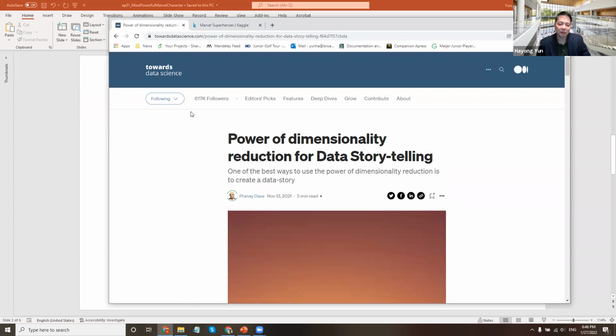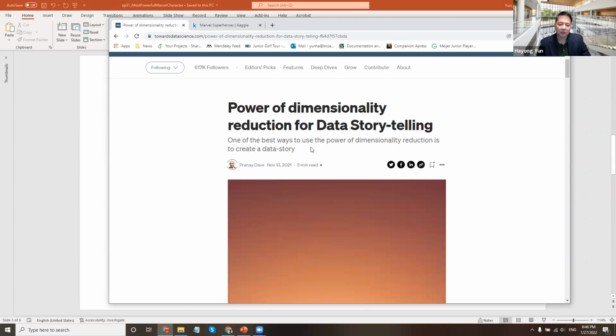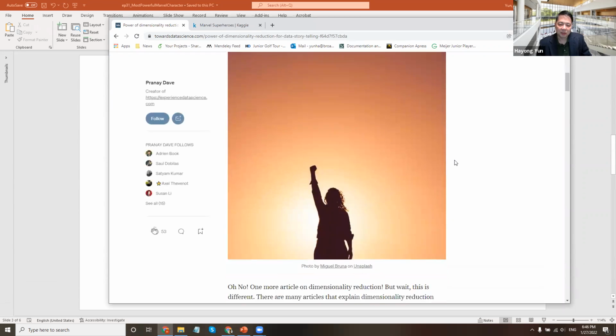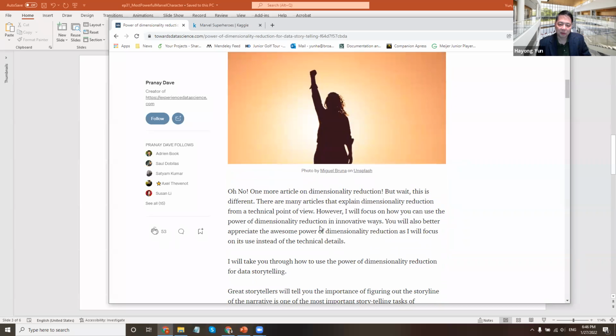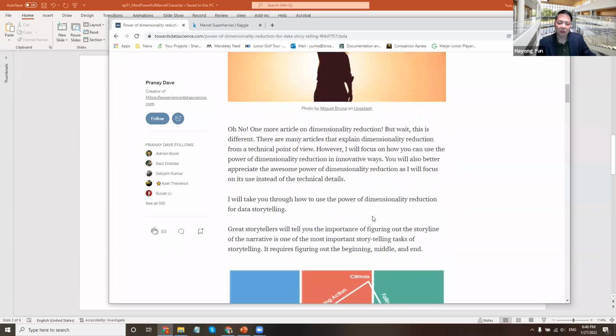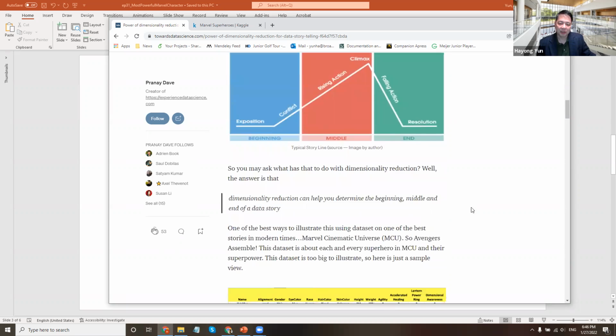The article that I came across was this by Pranay Dev about the power of dimensional reduction, on data storytelling. So he had a story on how to convincingly show people what dimensional reduction is doing, and it's all fine.